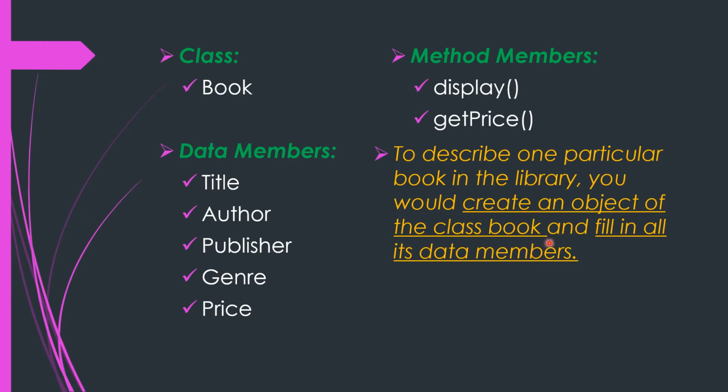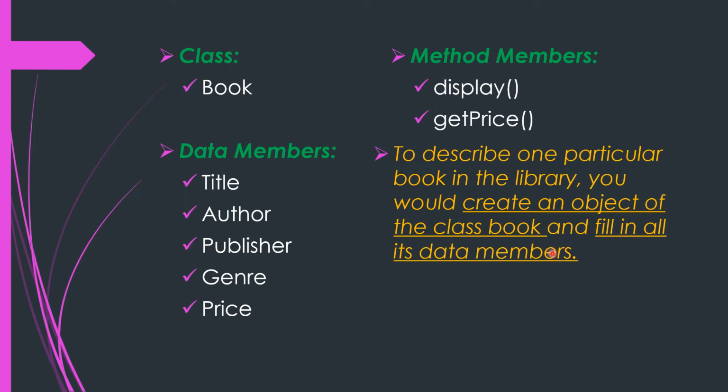Means all the books available in the bookstore will be objects of the class book, and you fill in all its data members. By data members, we mean that we should be filling in all the attributes of the books. Means we should be filling in the title, author, publisher, and whatever detail is there is going to be filled in the data members.